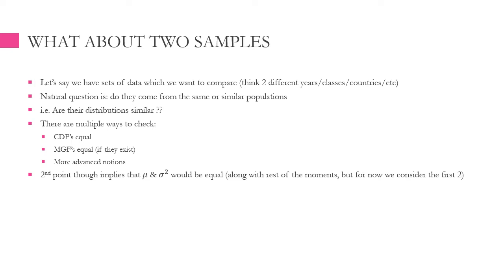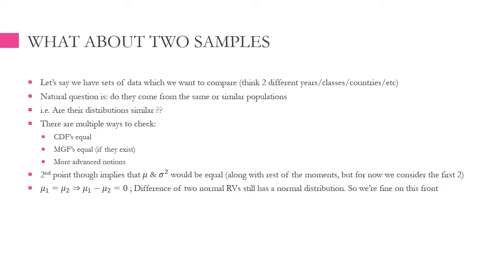So those two things would also be equal. The rest of the moments would be too, technically, but for now we consider the first two because it's usually easier to check two things, and if those are not equal, then the rest are definitely not.